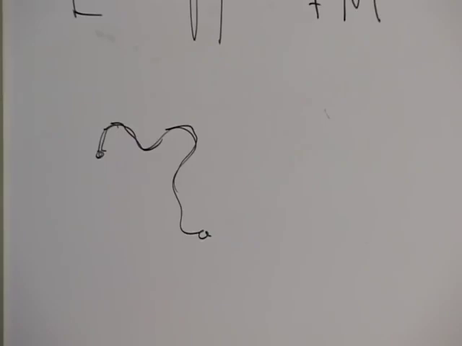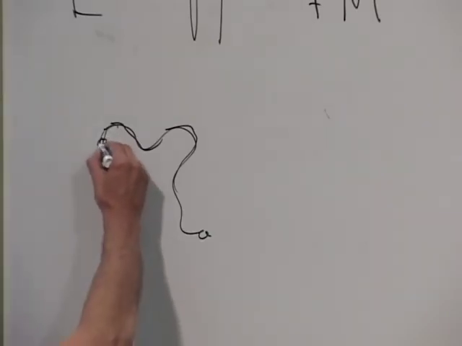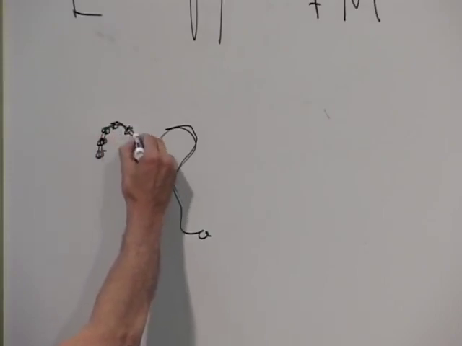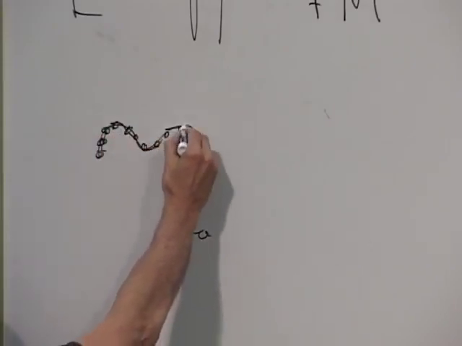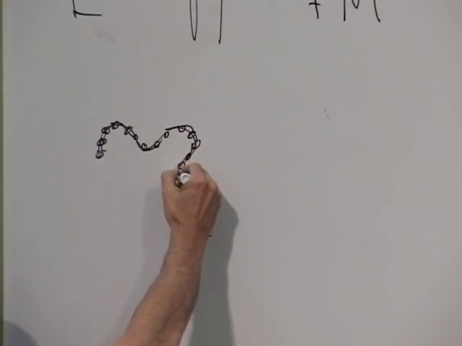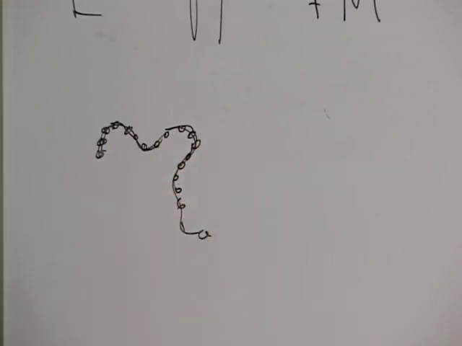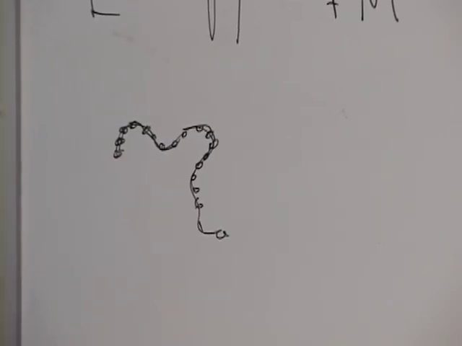To do that, again, I think I'm still reviewing, but I think it's worth it. We think of the string as a collection of mass points. Or we can begin by thinking of the string as a collection of mass points. We're just going back to this approximation here.